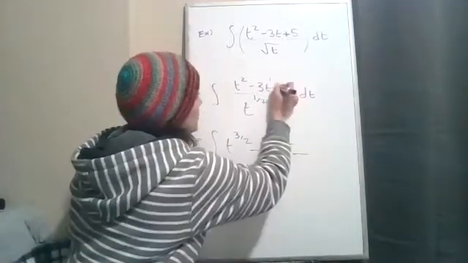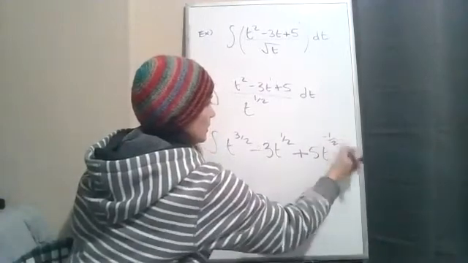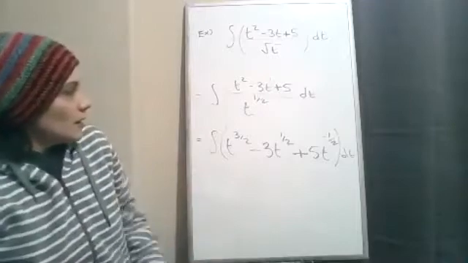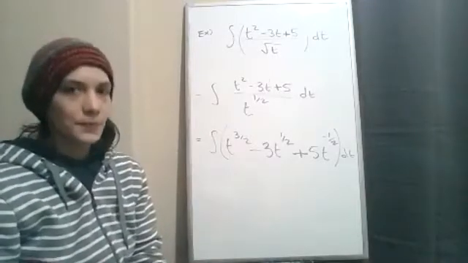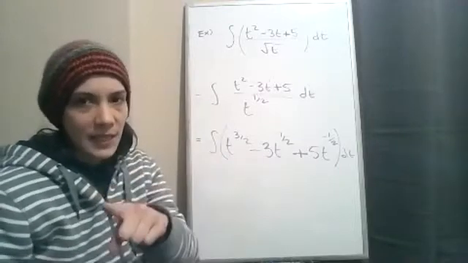Oh, actually, I keep doing this. It's plus 5t to the negative 1/2. Yeah, plus 5. I'm making that mistake.